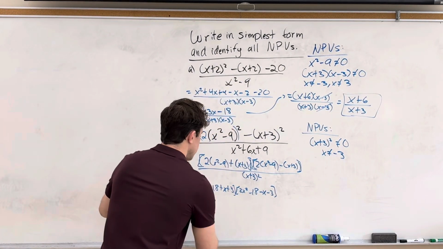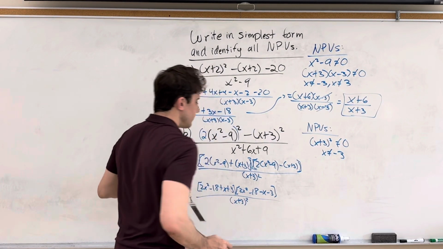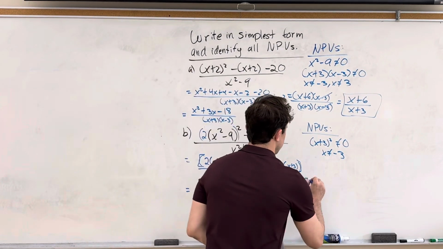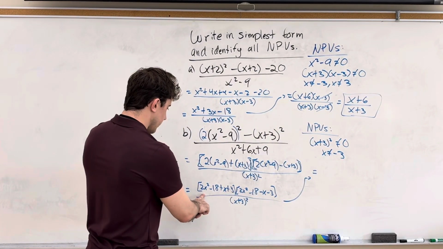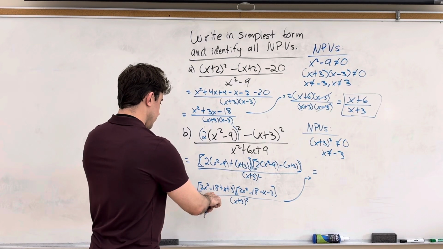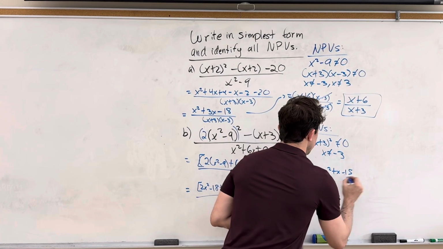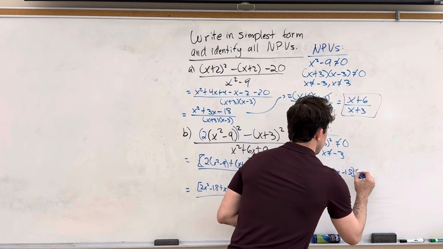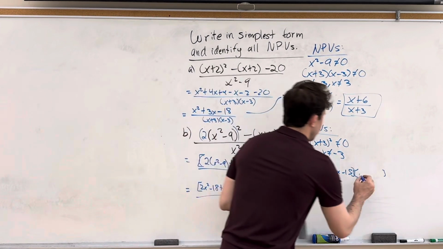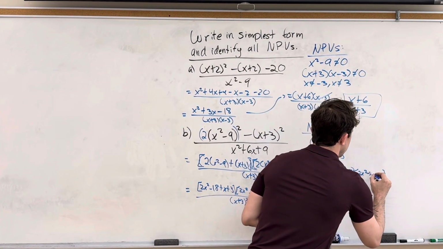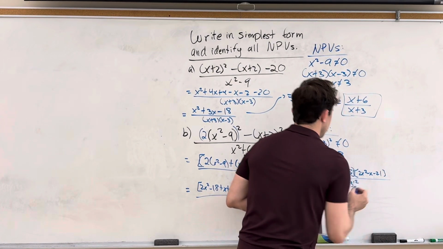And this will be in square brackets, again, all over x plus 3 all squared, right? And let's keep going. So let's simplify both square brackets. We get 2x squared plus x minus 15 times 2x squared minus x minus 21 all over x plus 3 all squared.